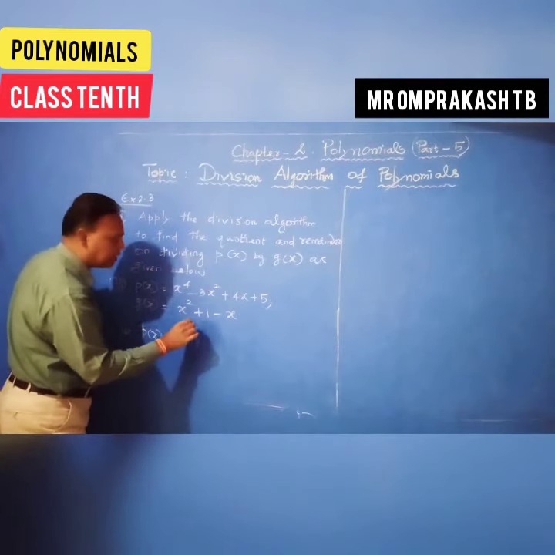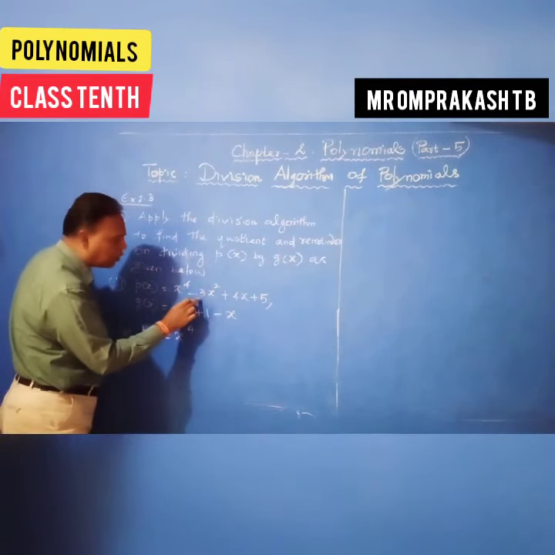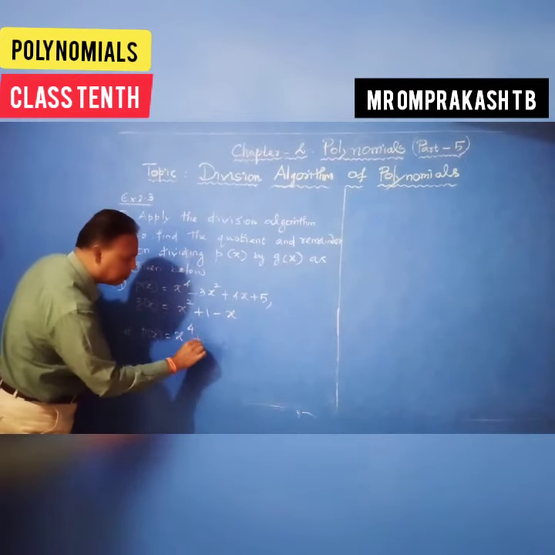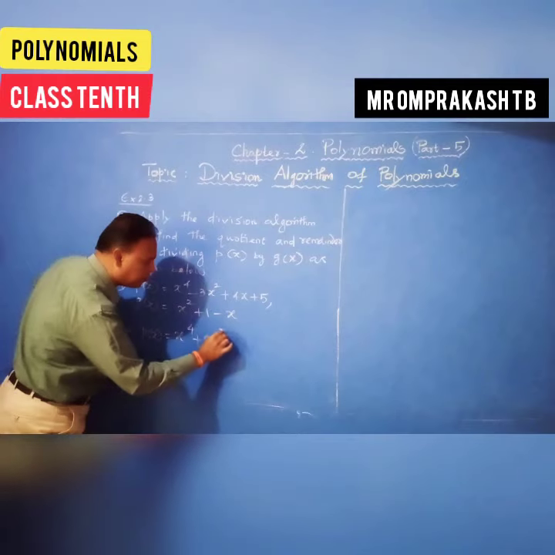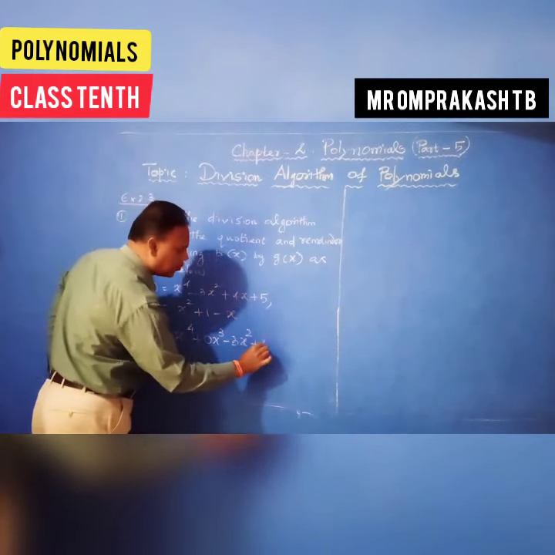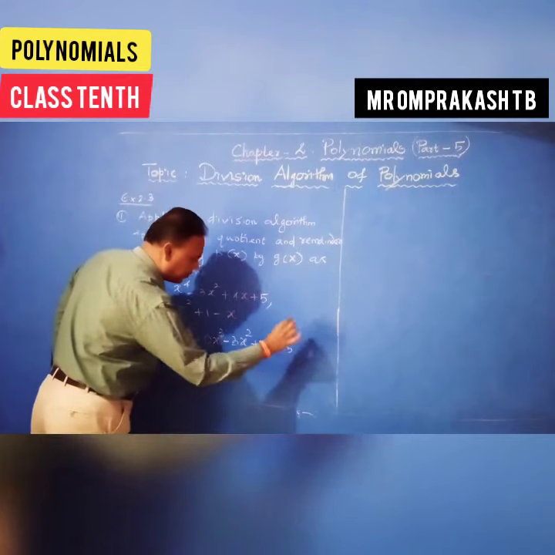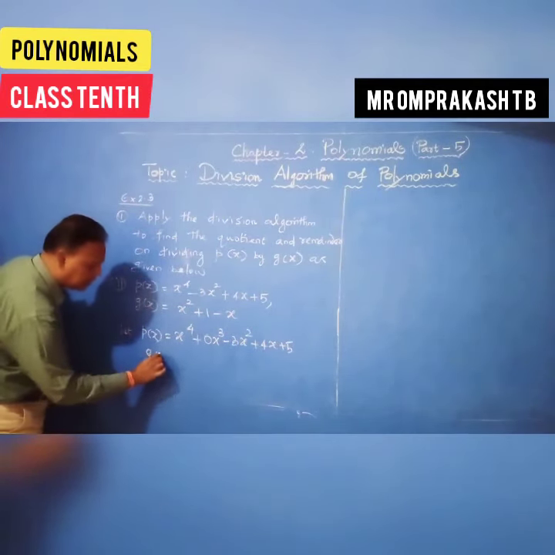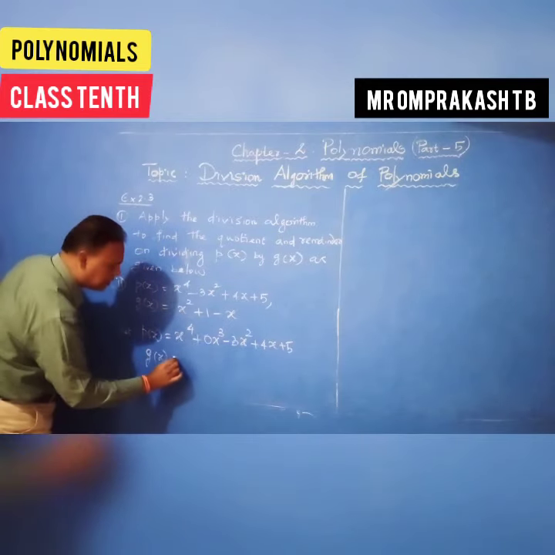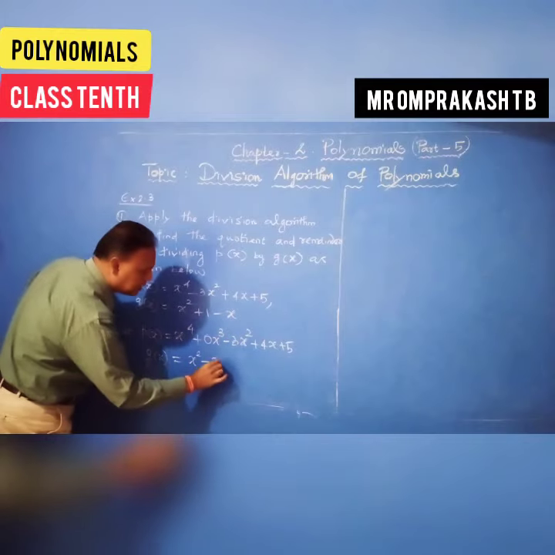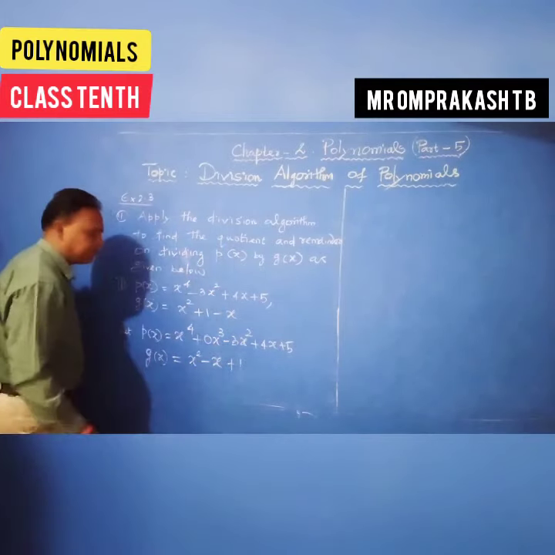Here you see there is no x cube term, so for our convenience you write plus 0x cube minus 3x squared plus 4x plus 5, and g of x, write it in the standard form: x squared minus x plus 1.